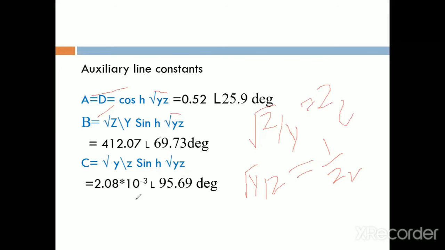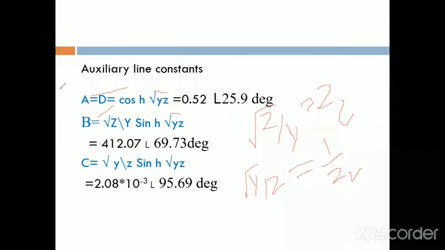So we replace it: C is equal to sinh root of yz by Zc. We can write the formula either way: C is equal to sinh root of yz by Zc, or 1 by Zc into sinh root of yz, B is equal to Zc into sinh root of yz, and A is equal to D is equal to cosh root of yz.